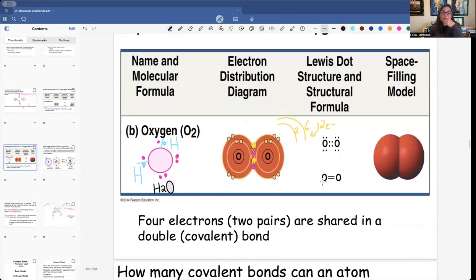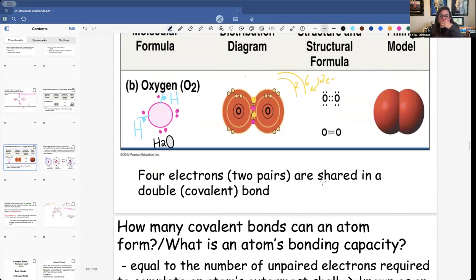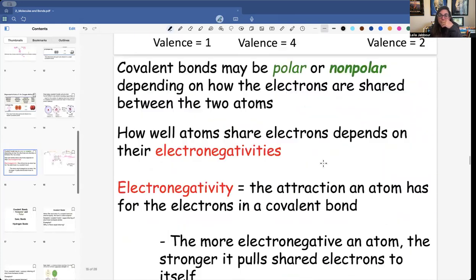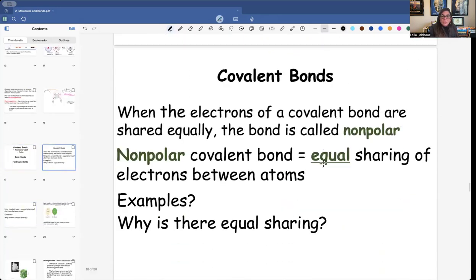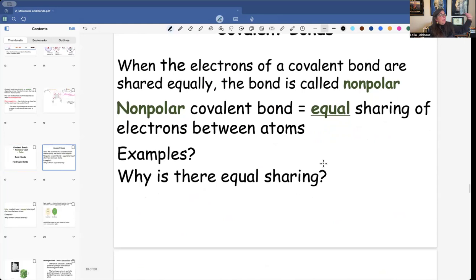This is the representation of an oxygen molecule. We did look at that earlier. And these are the slides I already covered. All right, so in covalent bonds, there's equal sharing of the electron clouds. It's going back and forth, back and forth.